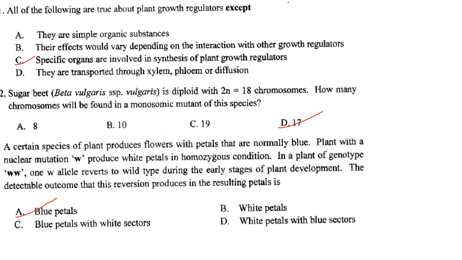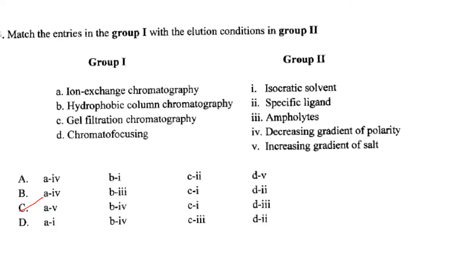So out of this, 1 w is reverting to wild type, that is capital W. So you will get the plant with capital W, small w. The detectable outcome that this reversion produces in the resulting petal is blue petals, because capital W is dominant over the small w. So blue petals is the answer.